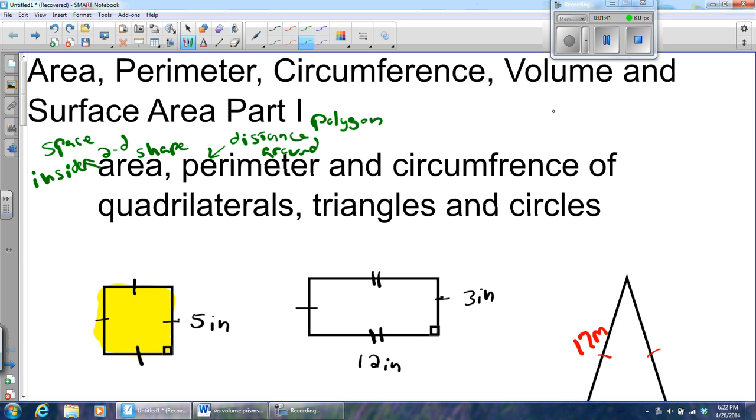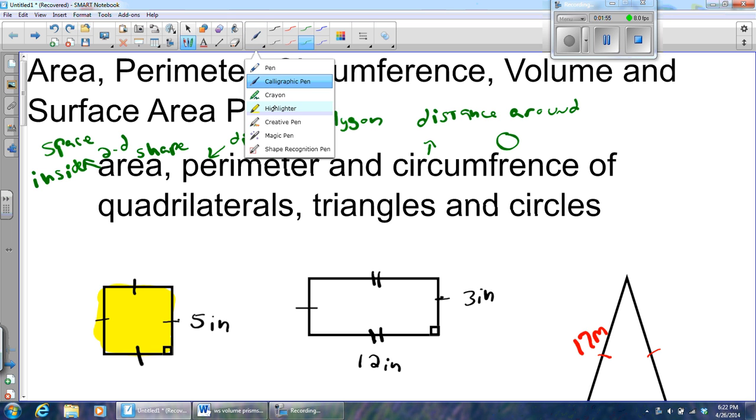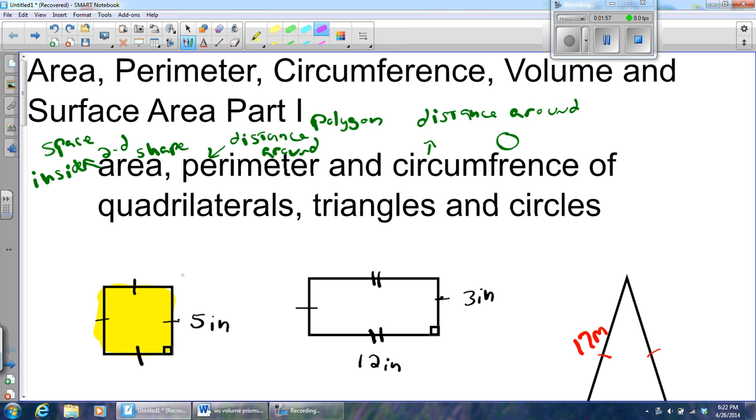Now, circumference. Circumference is the distance around a circle. Okay. So I'm going to highlight in a different color here the perimeter of this square.